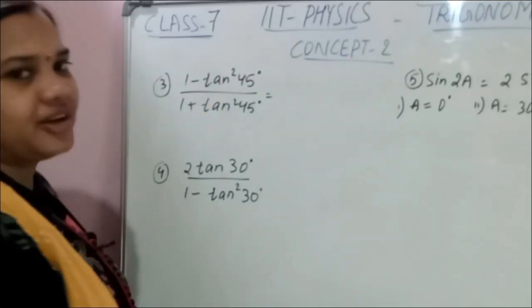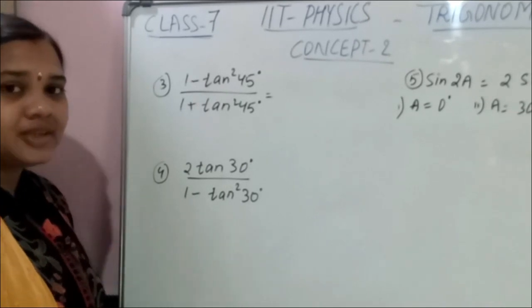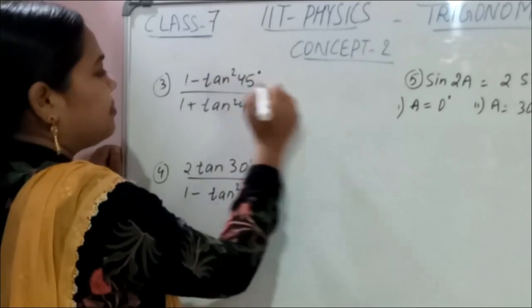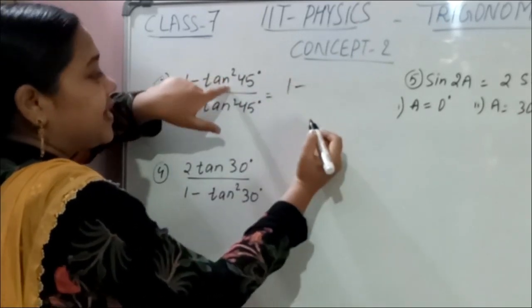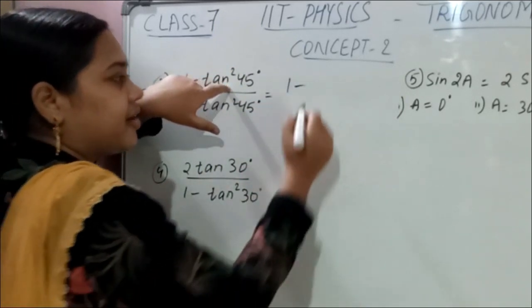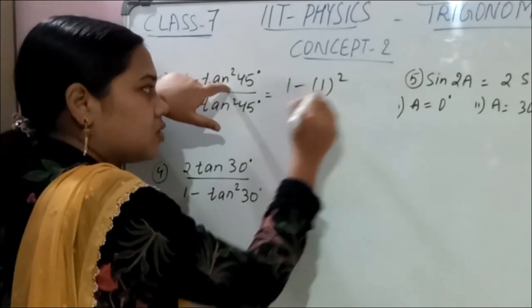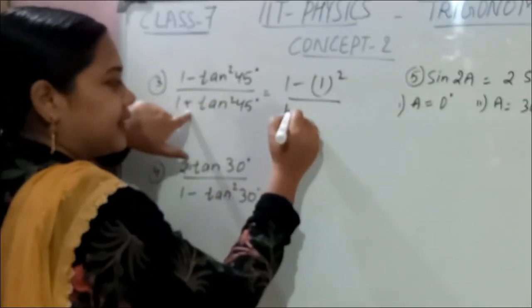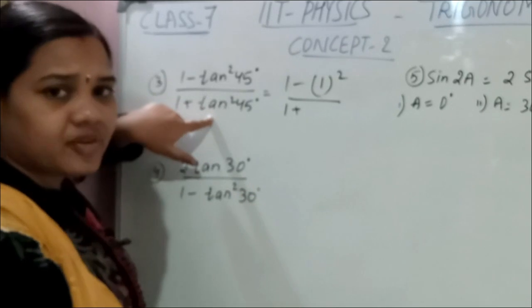So tan 45 how much? tan 45 is equal to 1, is it? So 1 minus tan square 45, tan square 45 means tan 45 whole square. So tan 45 is 1, 1 square. Now whole divided by 1 plus tan square 45 again.